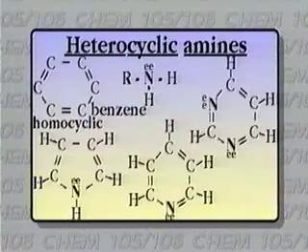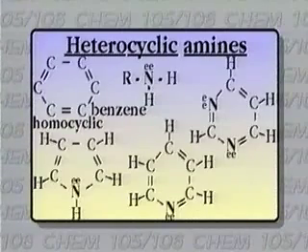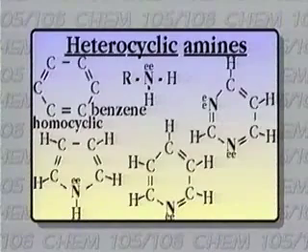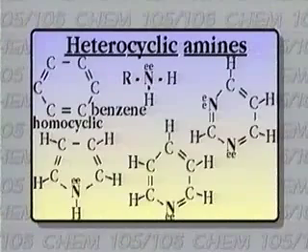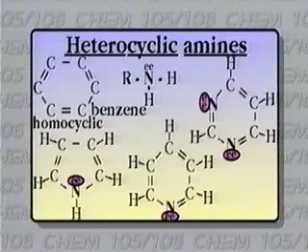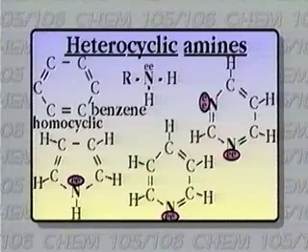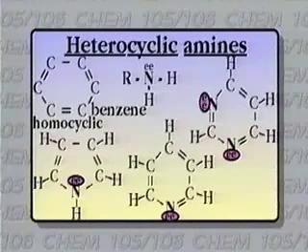Heterocyclic means at least one of the atoms in the ring, in the cycle, is not a carbon. That's what heterocyclic means. And we see each of these has at least one nitrogen in its structure. And each of these nitrogens has a pair of electrons, non-bonding electrons. This particular one has 2. Non-bonding electrons that can be used as a base, as an electron pair donor to something else.